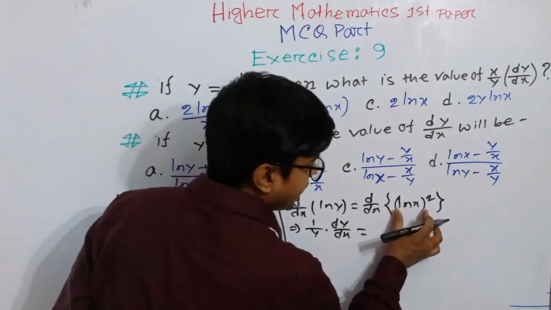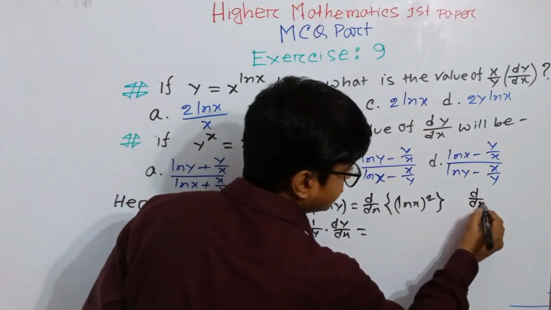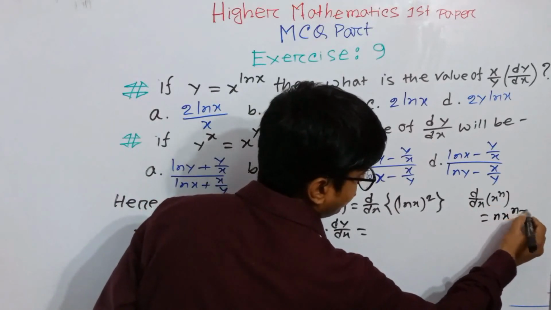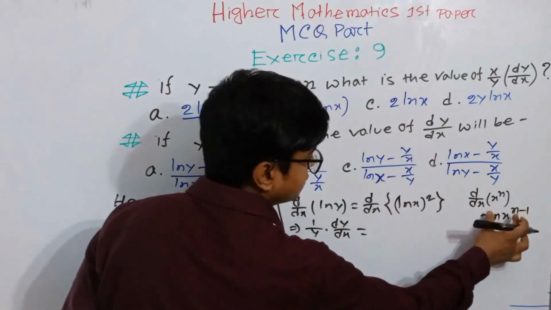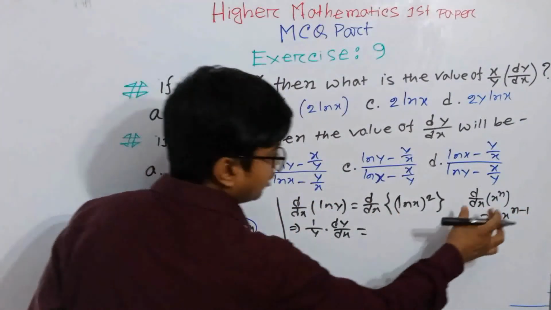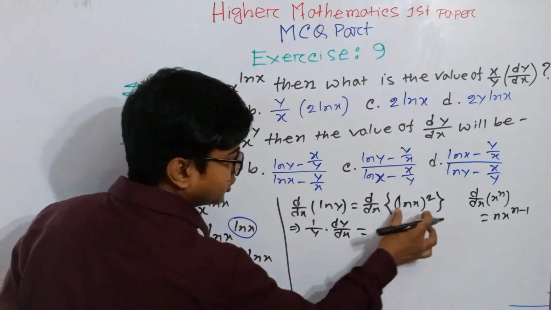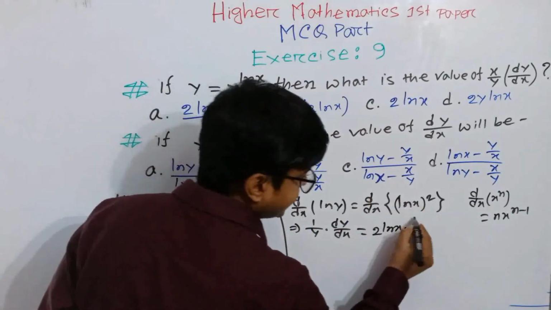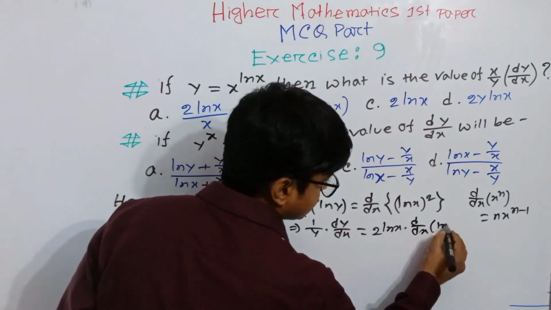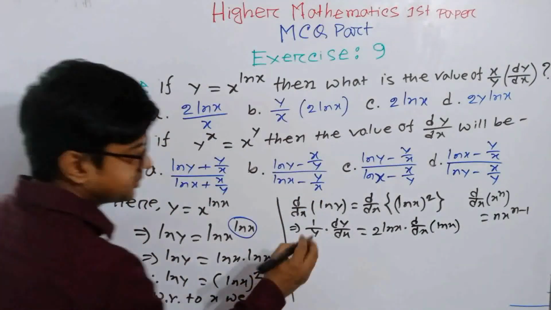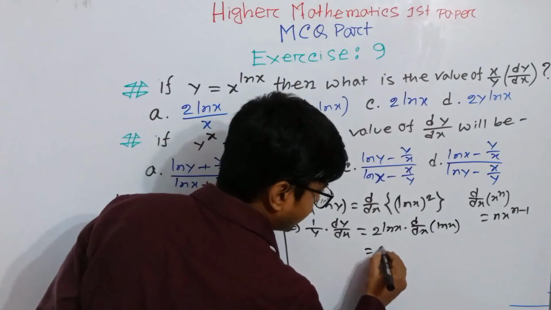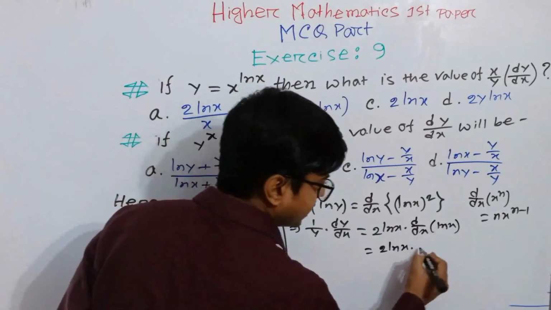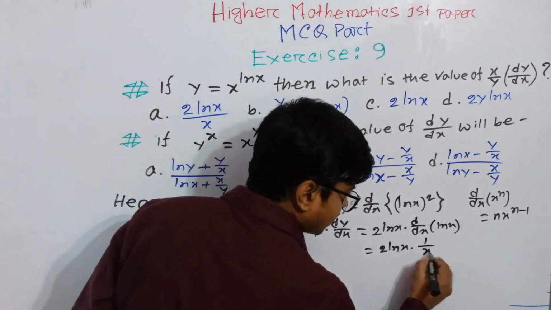Now we can apply this formula. We know that d/dx of x to the power n equals n into x to the power n minus 1. Applying this formula on this term, it will be 2 ln x into d/dx of ln x. So we can write 2 ln x into 1 by x, since d/dx of ln x is 1 by x.